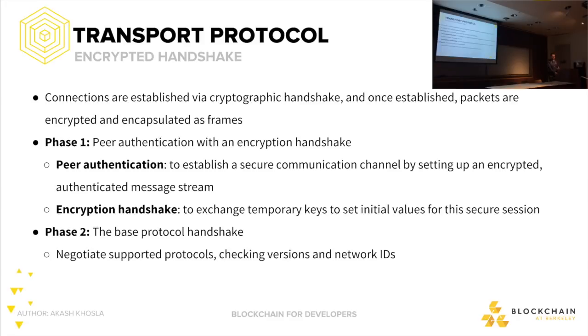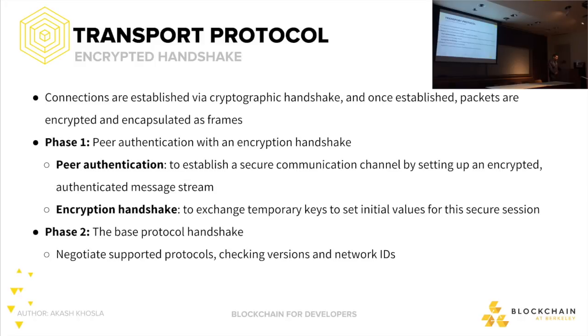And then you have the encryption handshake, which is to exchange temporary keys to set initial values for this secure session. And then phase 2 is the base protocol handshake, where we negotiate supported protocols, which I showed you in the distributed hash table diagram earlier.